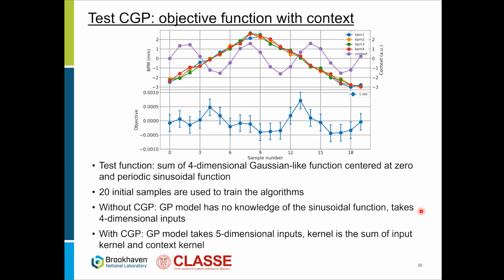Without the context GP feature, the Gaussian model does not know the sinusoidal function exists, so it still takes 4D input. But with the context feature, the model is also provided the value of the sinusoidal function, so it takes a 5-dimensional input. The kernel we use is the summation of both the input kernel and the context kernel.